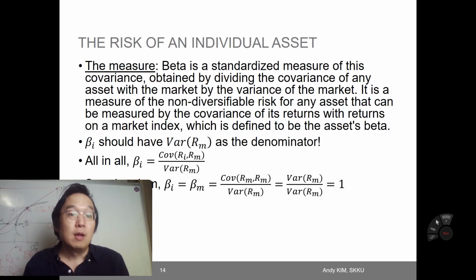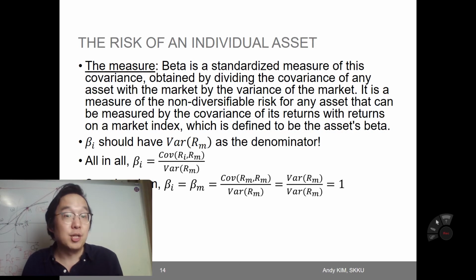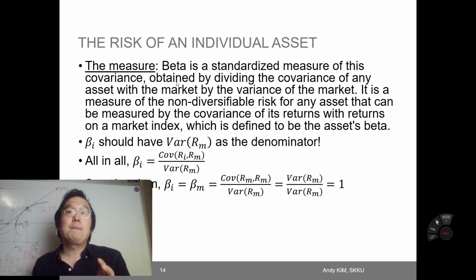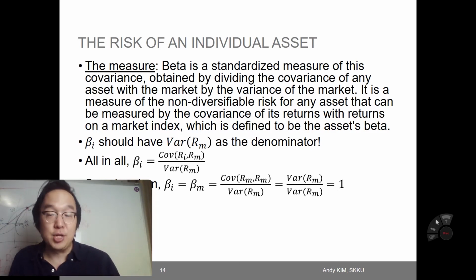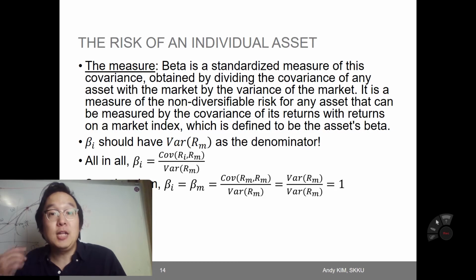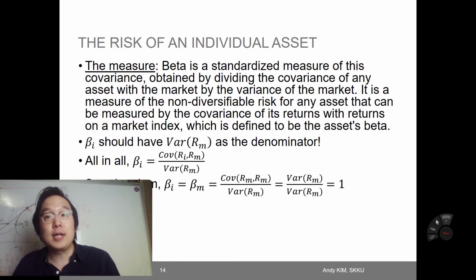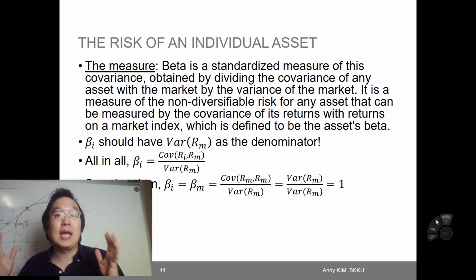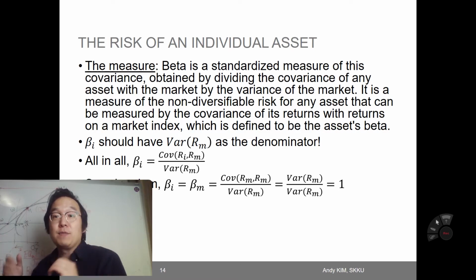Why? Because we need some standardized measure. In this sense, beta is a standardized measure of this covariance, obtained by dividing the covariance of any asset with the market by the variance of the market.